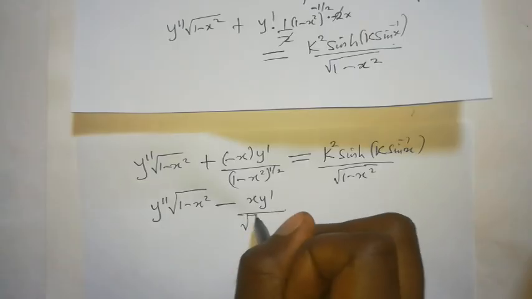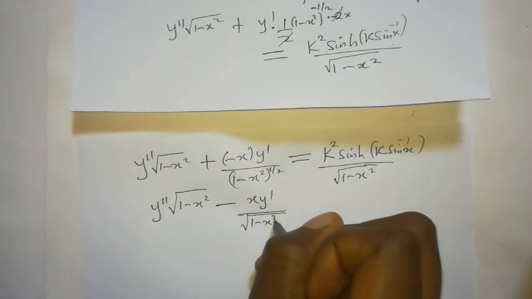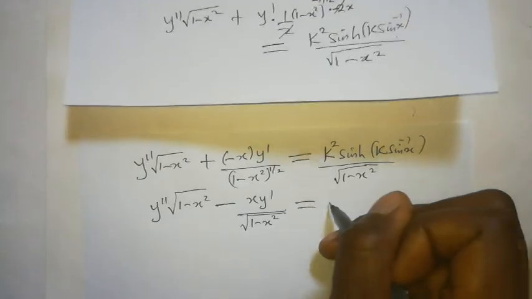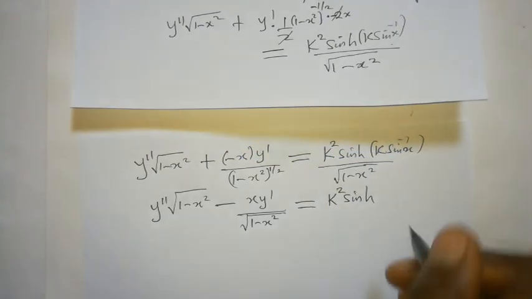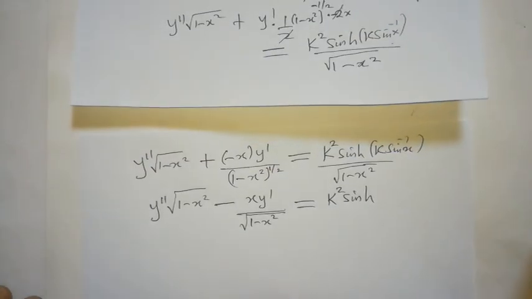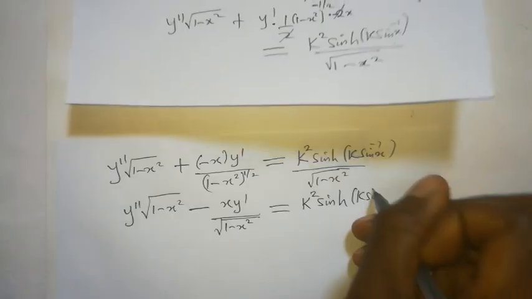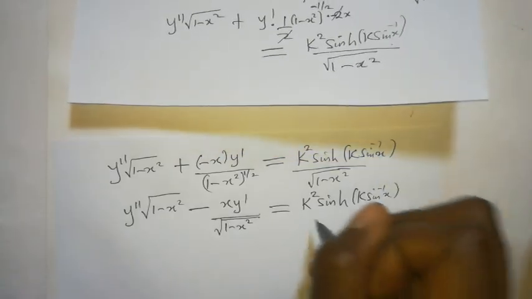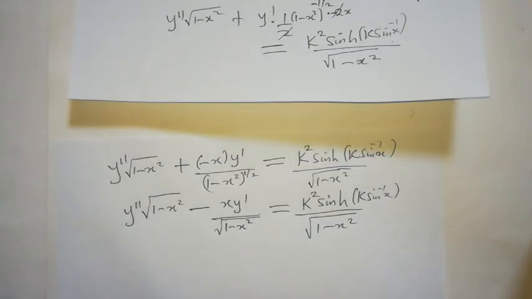This can be equivalent to 1 minus x squared, which is equal to what? k squared sine k sine inverse of x all over what? Square root of 1 minus x squared.